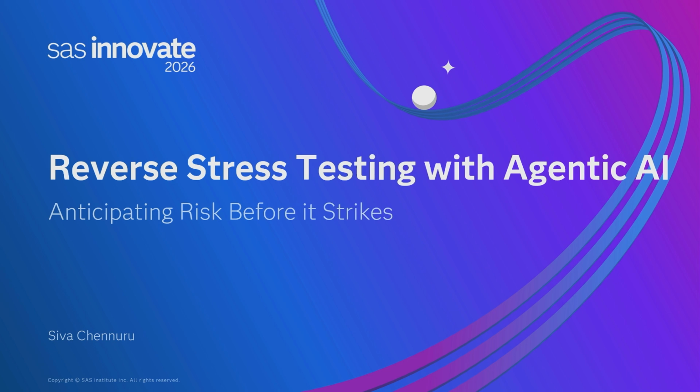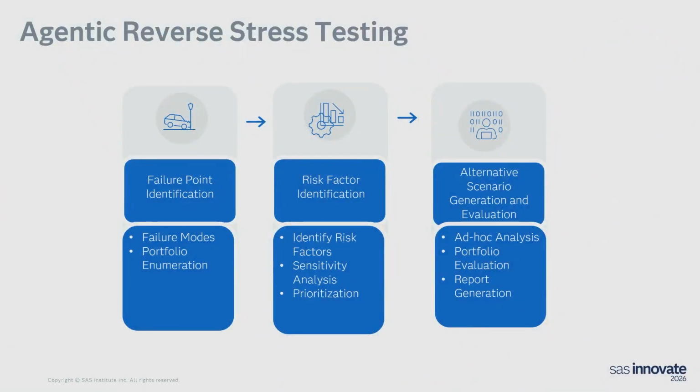We're going to talk about reverse stress testing with agentic AI. For the agentic reverse stress testing, what's involved is failure point identification. Typically, you would have the banks who have the portfolio, and you want to identify the failure modes and the different types of failures that can happen within the portfolio.